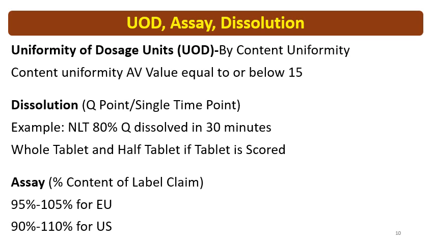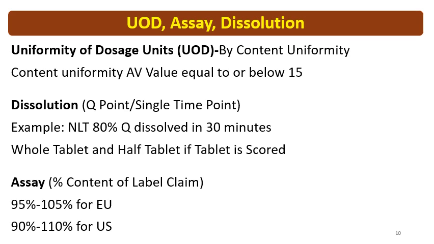Dissolution. Generally the Q point is tested for IR formulation. If the formulation is ER, then multiple time points are considered. For example, for IR formulation, not less than 80% Q dissolved in 30 minutes. It is the criteria. And for MR formulation and DR formulation, different criteria are given as per the formulation design.